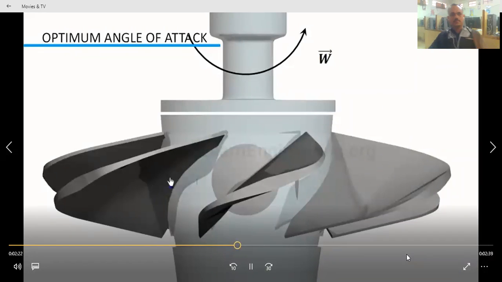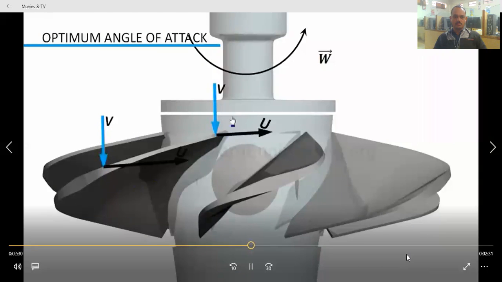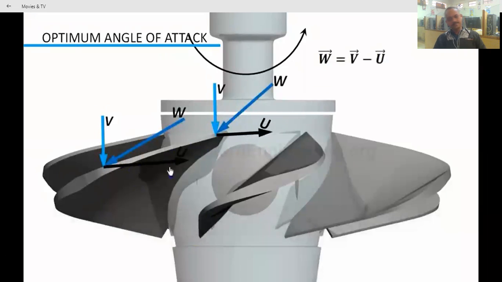Even though absolute velocity is axial, relative velocity will be inclined, depending upon blade velocity. Inclination of relative velocity increases as we move from root to tip, due to actual velocity, so we will have increasing relative velocity. There should be continuous twist in blade, from root to tip, so that at every cross section the angle of attack is optimum.